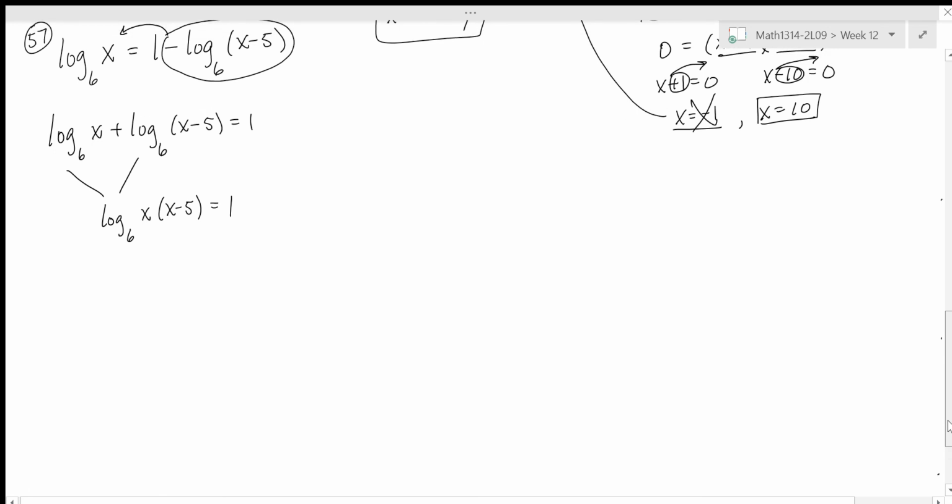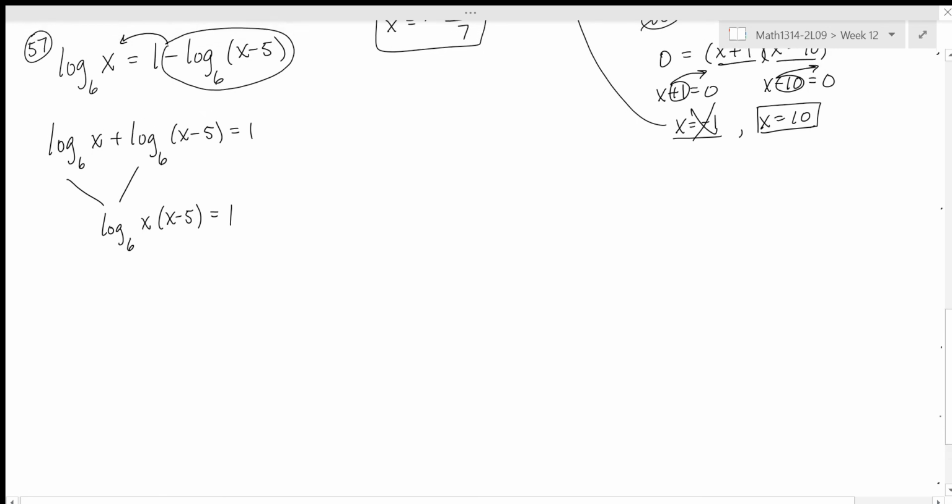Okay, and now that we're down to only one log, can I now do the poem? So now we're going to bring the base down. And what does the 6 get for a power? 1. Bring the base down, switch the other two around.